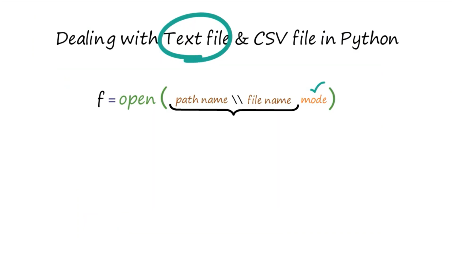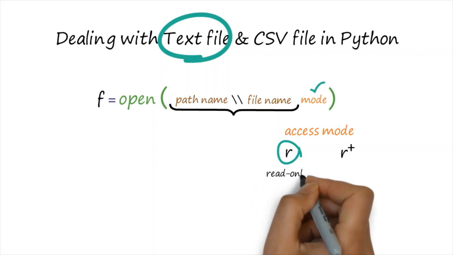So here my point is, in case of Python, we will find as an access mode, the first very popular access mode is R and R+. First, you have to understand the meaning of these two access modes. So R means this mode only opens the text file for read-only purpose.